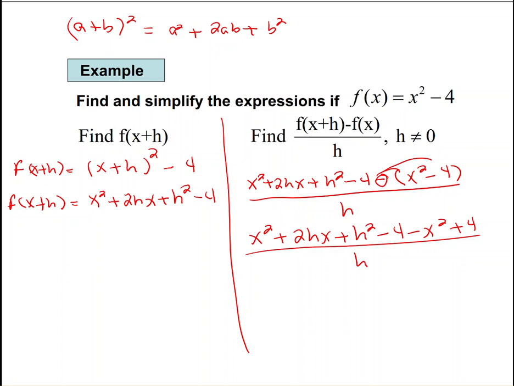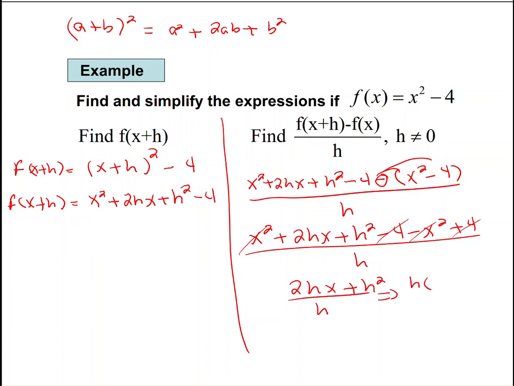And then combine like terms. So we have an x squared and a minus x squared. Then we have a minus 4 and we have a positive 4 that cancel each other out. So now we're left with 2hx plus h squared all over h. Alright, so since we have h in both of the terms of the numerator and we have an h in our denominator, let's factor out an h.